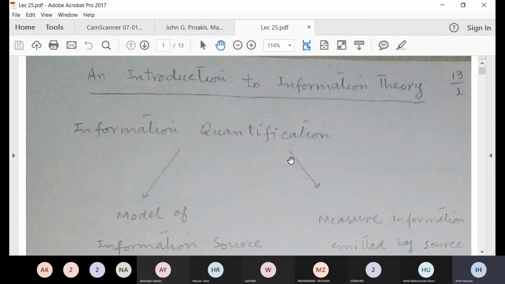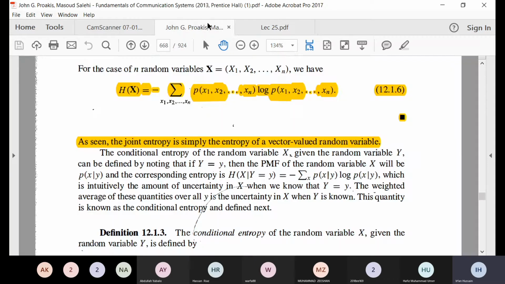So I think you can also see the notes. It is a brief description. In the book there is a detailed description, but some steps in the book are always missing, so we will be shifting between the book and the notes. All right. Everyone is understanding? I hope everyone is understanding.